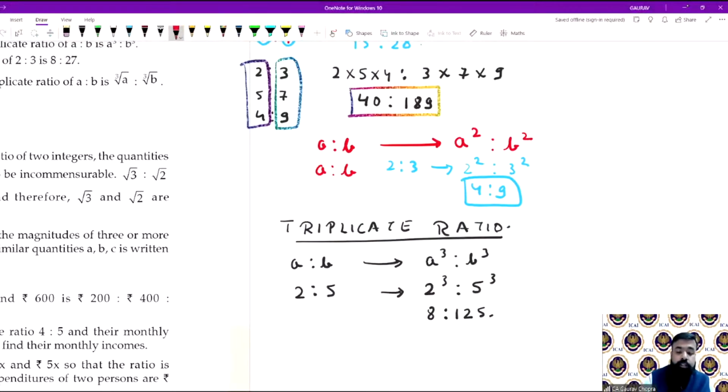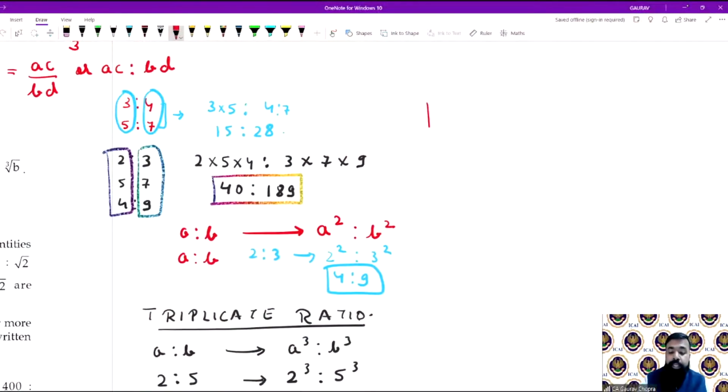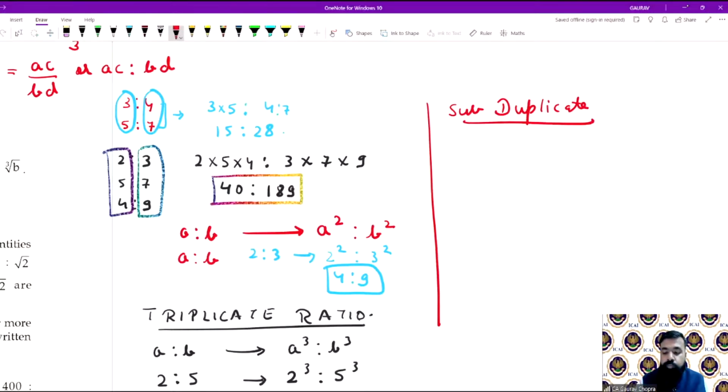Now, after this, the next point is subduplicate ratio. Subduplicate means if A is to B is the given ratio, then its subduplicate will be the square root of the given ratio, that is root of A and root of B. Let's say the ratio given is 64 and 9, and we have to find its subduplicate.